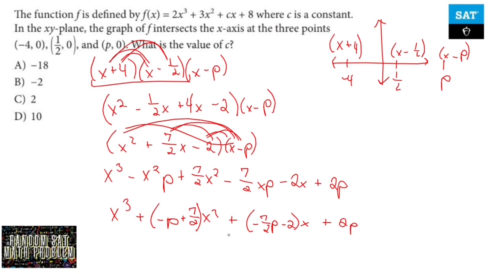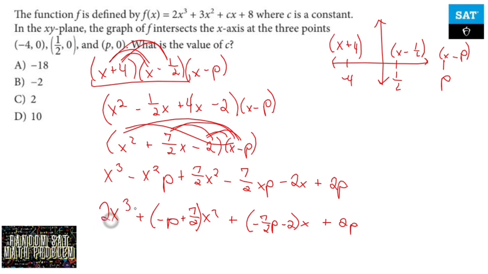Now looking at these guys, that is not the same as that because that has a 2 attached to it. So what I'm going to do is multiply 2 to everything.